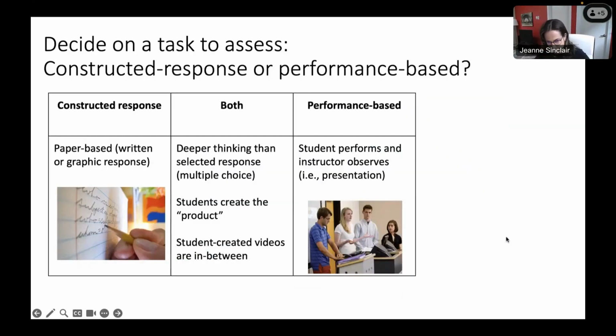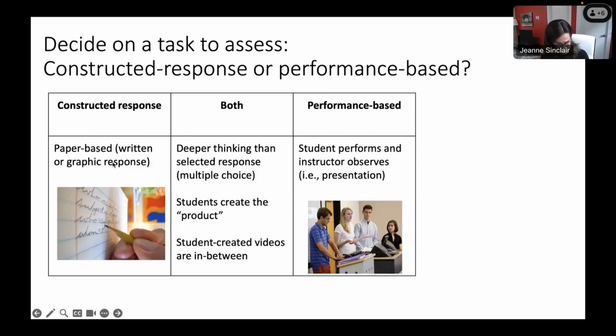Okay, so we're going to start our hands-on work here in just a second. I want to talk with you about some different options for the types of assignments that you might use in your courses when you want to apply a rubric. On the left-hand side, we have the constructed response.